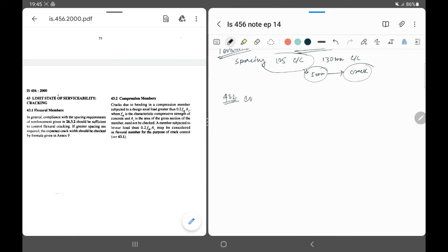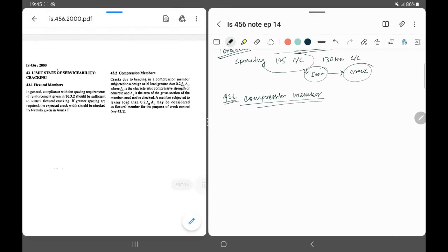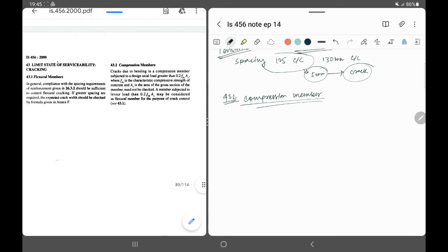Now 43.2, compression member. What they are saying? Crack due to bending in a compression member subjected to design axial load greater than 0.2 FCK AC.